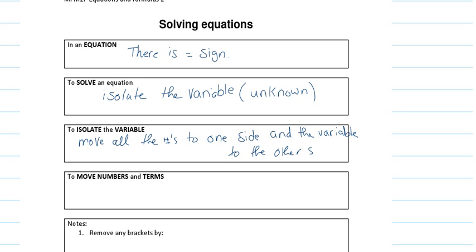And by sides, I mean the sides of the equality, the sides of the equal sign. So this would be your equal sign. This is one side of the equal sign, and this is the other side. So we'll have, let's say, the variables on one side, and then we'll have the numbers on the other side. This is basically what we need to do.